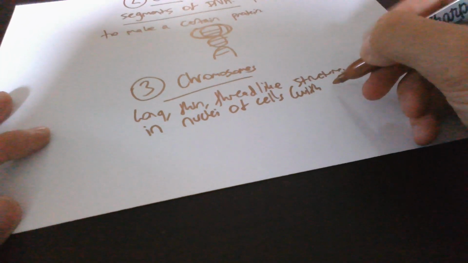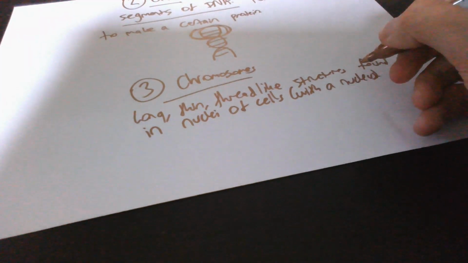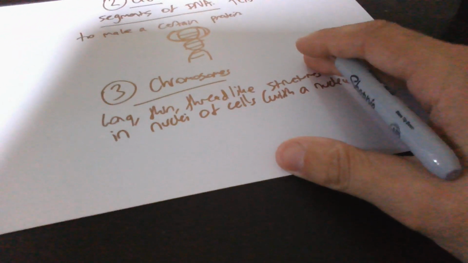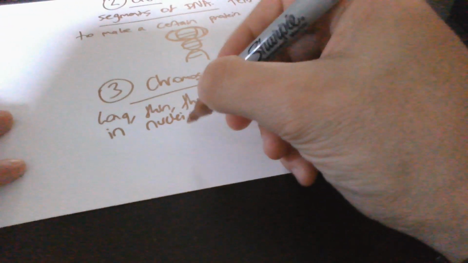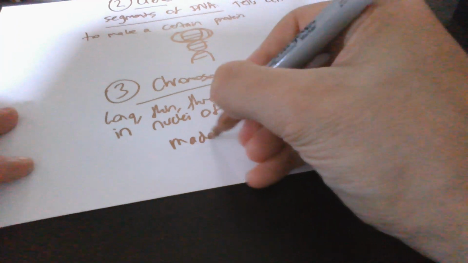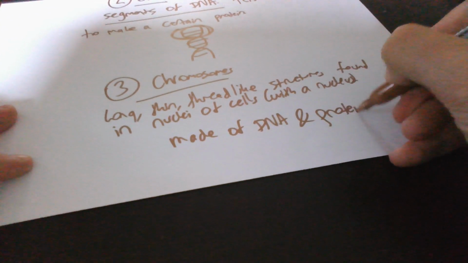Obviously, the cells have to have a nucleus. If you remember, let me go back to cells. One more thing: chromosomes are basically made out of DNA and protein.